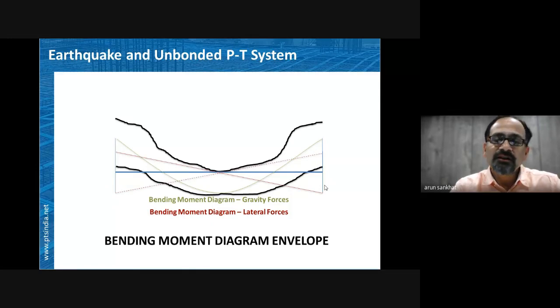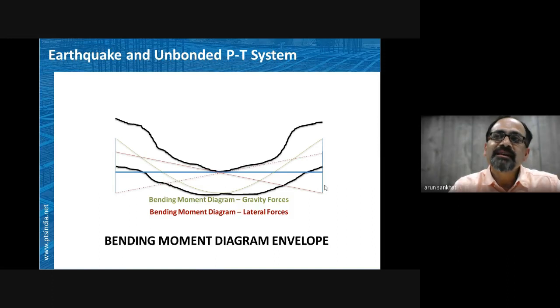So we cannot resist temporary transient forces by a permanent force, and this is not a good practice. So generally the PT force takes care of the permanent forces, like the self weight and all the actions related to permanent forces, and whatever the transient forces, like live load or earthquake loads, are to be taken care of by the passive reinforcement.